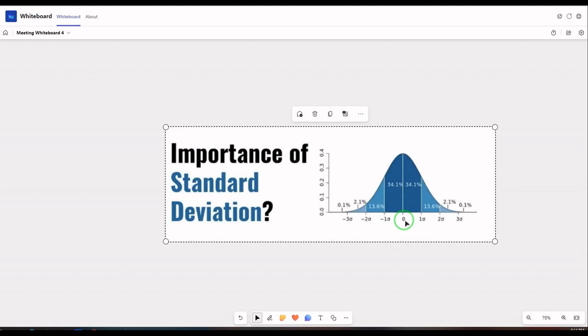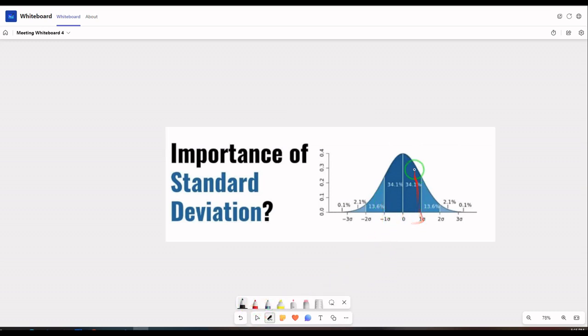So let's say for this specific sample or population your mean is at 0. One standard deviation to the right and one standard deviation to the left would have a good amount of your data.